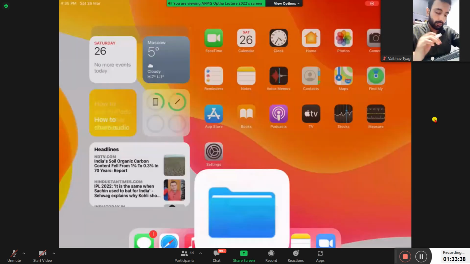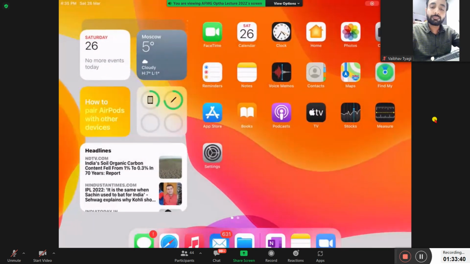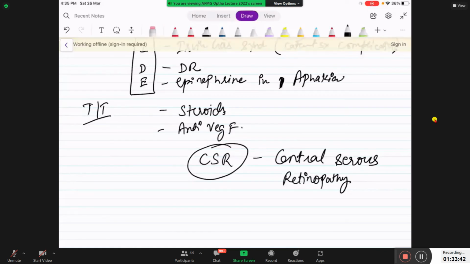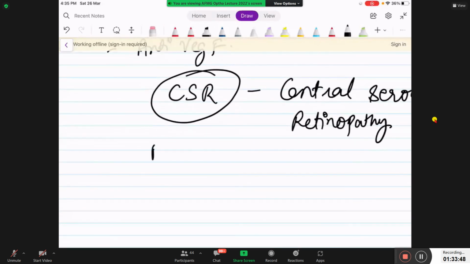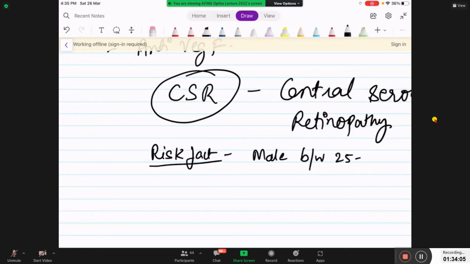Now write down CSR, central serous retinopathy, risk factors. Risk factors you will correlate with yourself also. More commonly seen in males between 25 to 55 years of age.